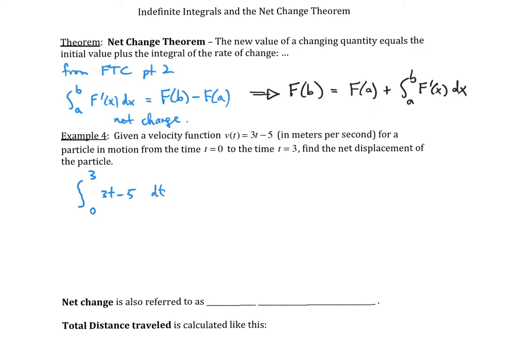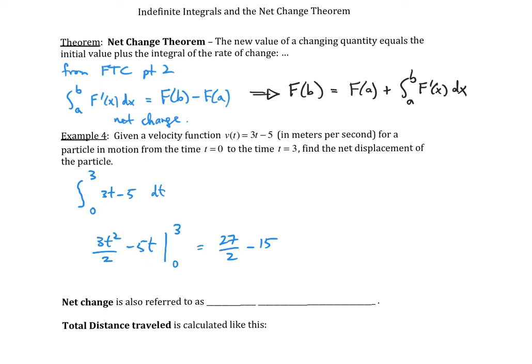We're going to use the fundamental theorem of calculus part 2. The antiderivative of 3t is 3t squared over 2, and the antiderivative of negative 5 is negative 5t, and we're going to evaluate that from 0 to 3. When we substitute in, 3 squared is 9, 9 times 3 is 27, so we get 27 over 2, minus 3 times 5 is 15.